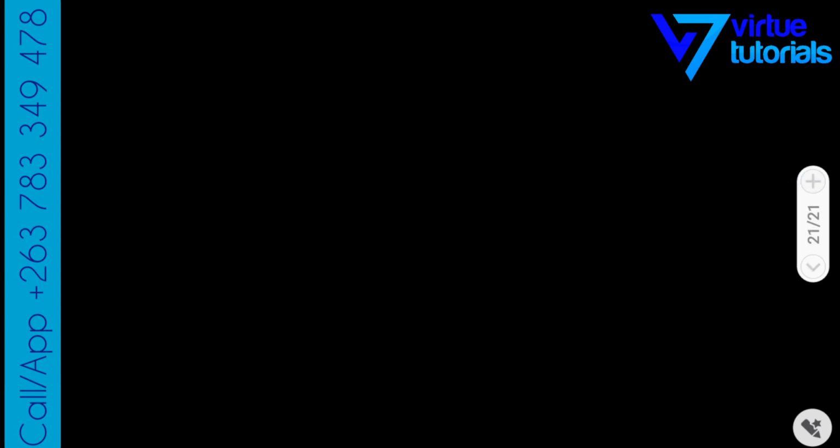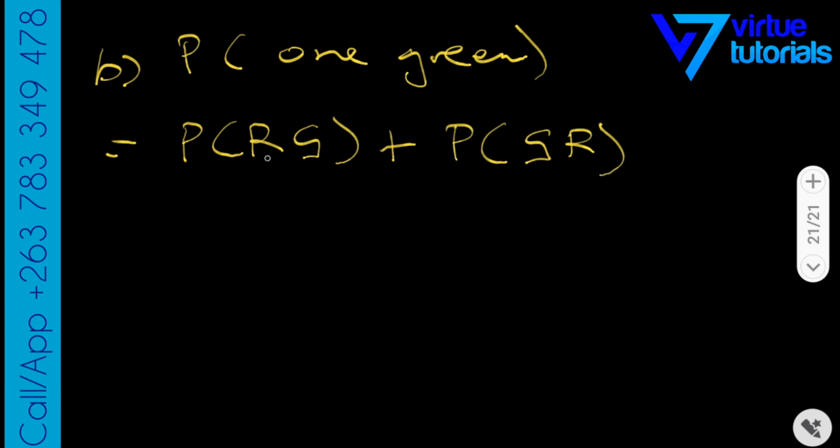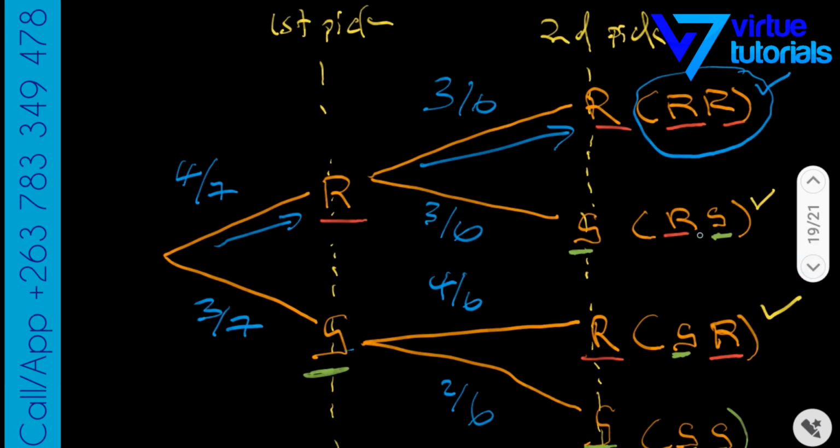So the probability of 1 green will be equal to the probability of the RG combination, red then green, plus the probability of the green then red combination, because you have 1 green in each of those combinations. For us to get RG, it is this one.